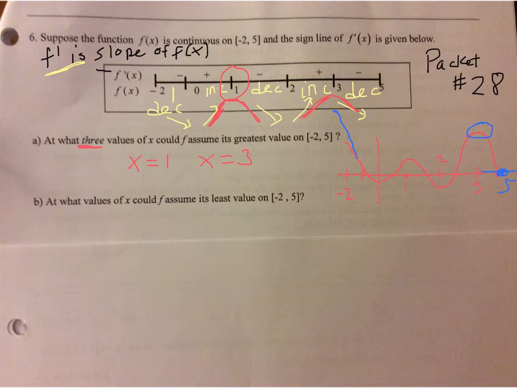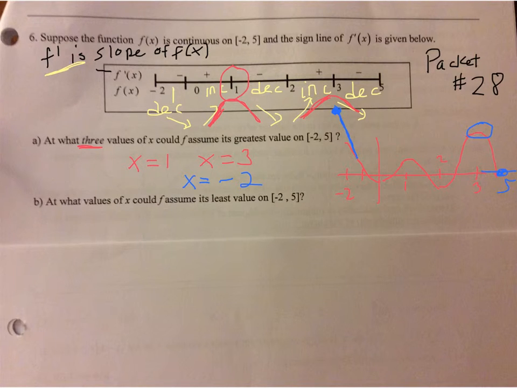I don't know where it's starting. I just put in an estimate. So when you have a closed interval, you need to consider the endpoints. Since this function is decreasing from -2 down to 0, okay, we could have had one of the greatest values at -2.